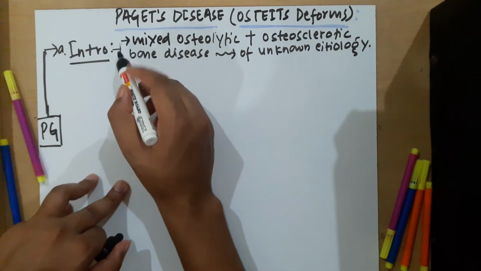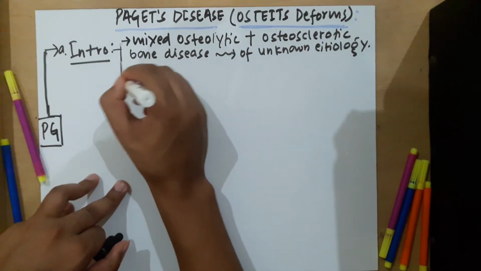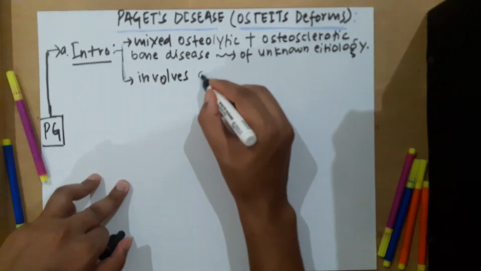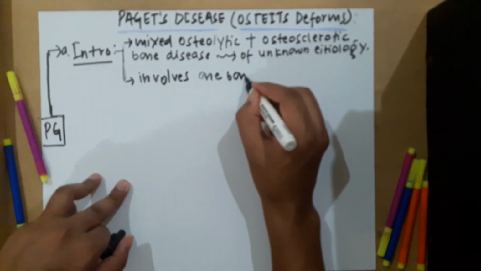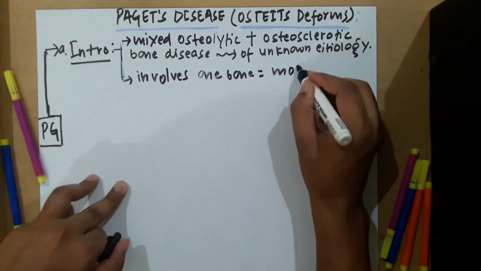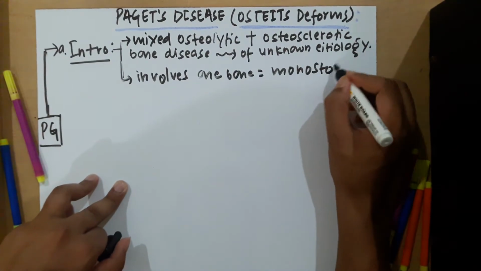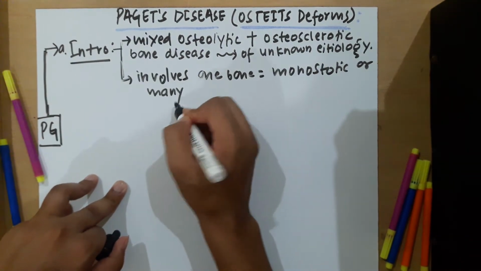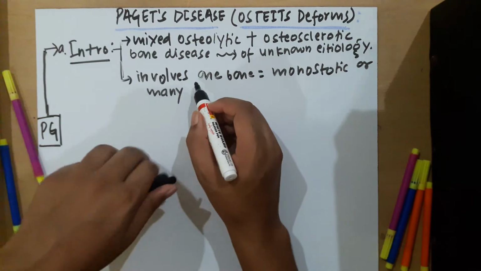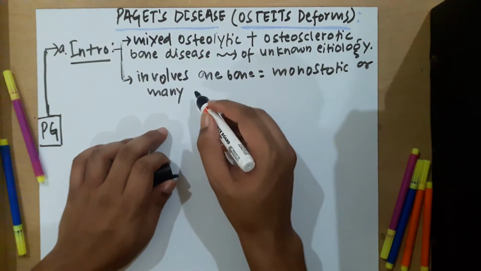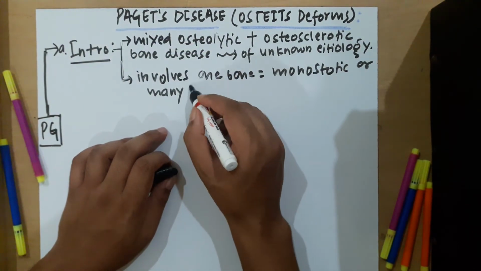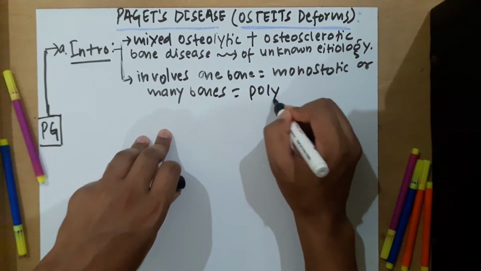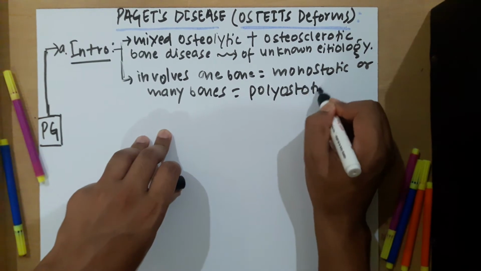It may involve one bone, and then it is called monostotic, or many bones, and then it is polyostotic. Usually the monostotic form may be asymptomatic; we'll discuss it.